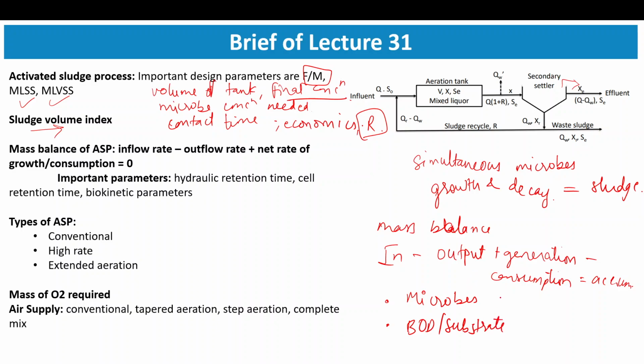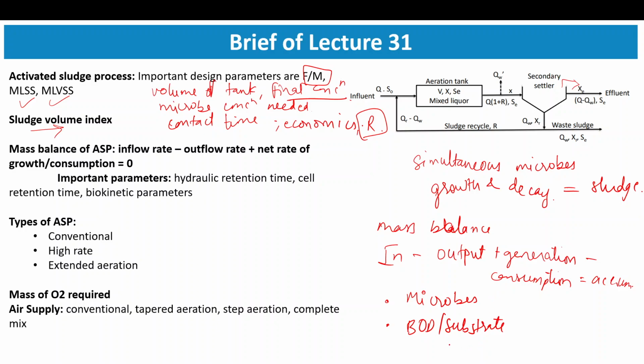Here microbes are generated, so the terms which will remain are input minus output plus generation. Consumption will also be there, because some amount of microbes will die. Accumulation is what remains inside.